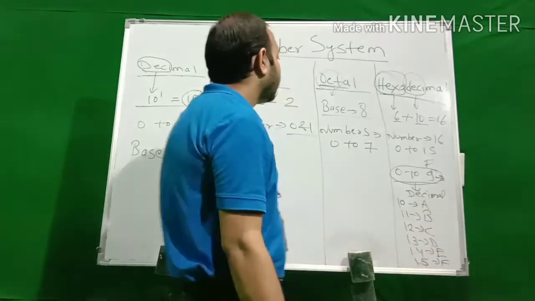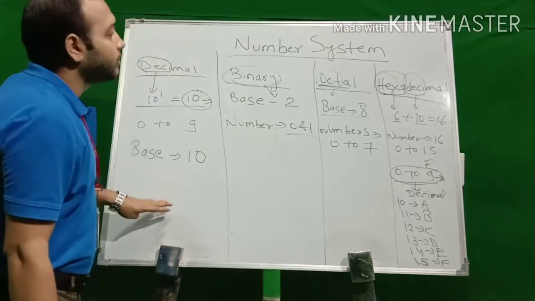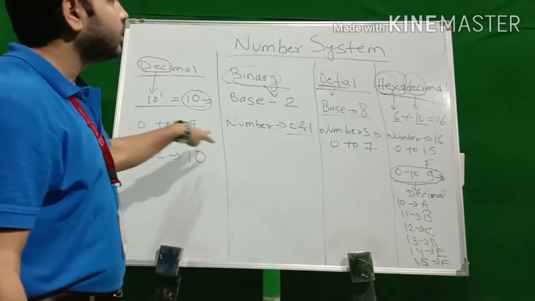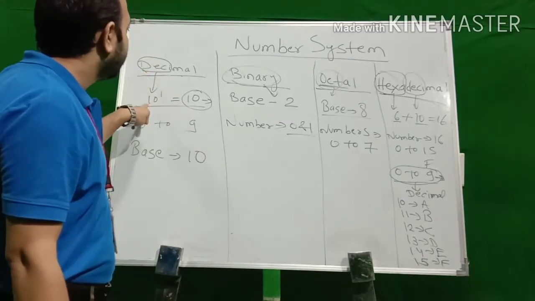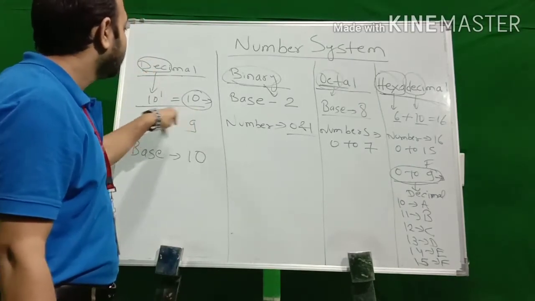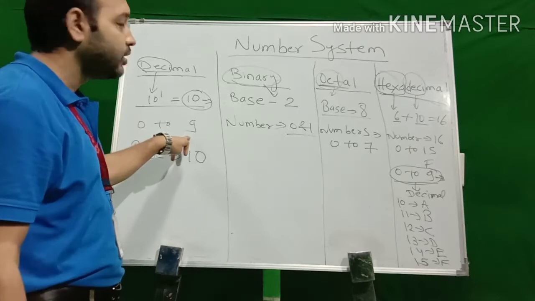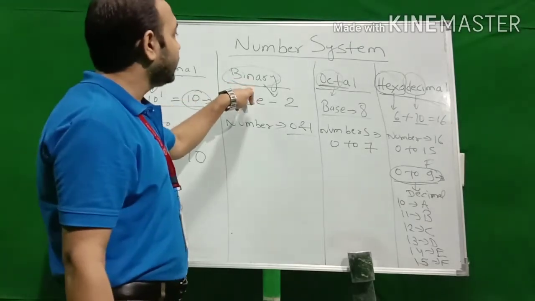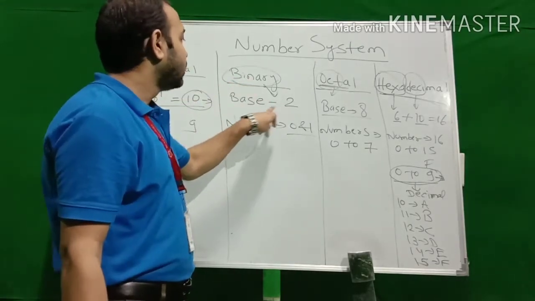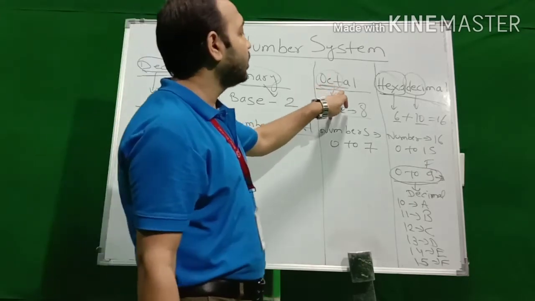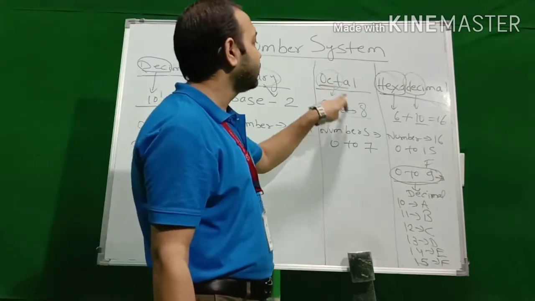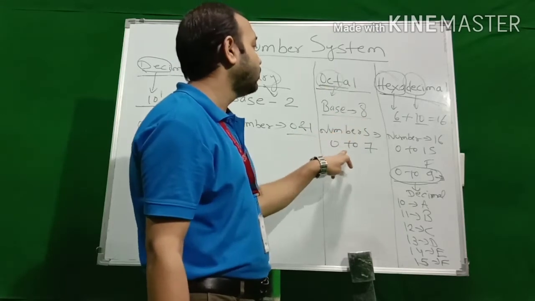Okay. So like this, now you can see I have done the comparison. Decimal, deci means 10, you have to use 10 numbers 0 to 9. In binary, base is 2, we have to use 2 digits 0 or 1. In the octal number system the base is 8 and we have numbers 0 to 7.